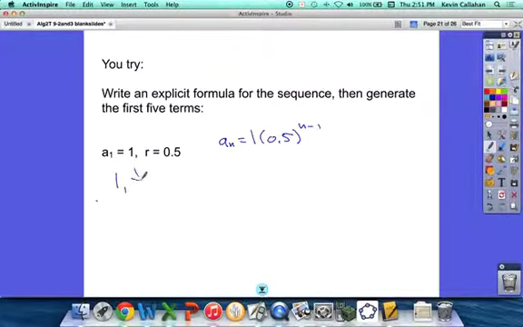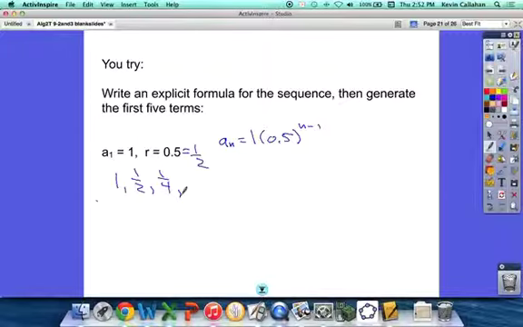If the second term is 1/2, and r is 1/2, right? Then what's the third term? 1/2 times 1/2 is 1/4.